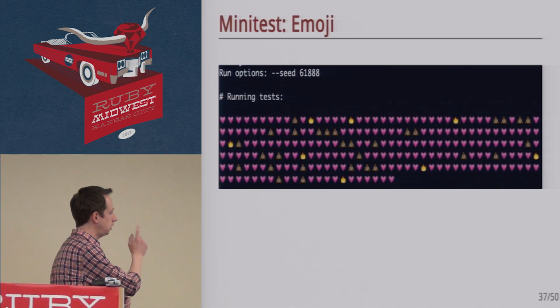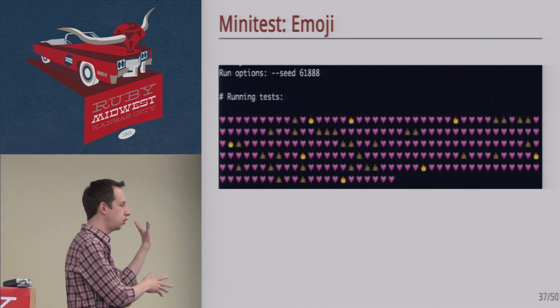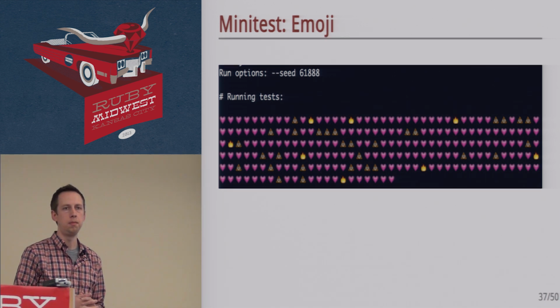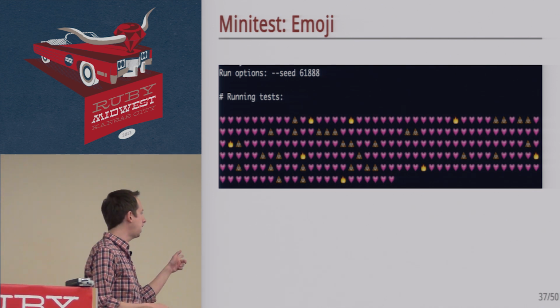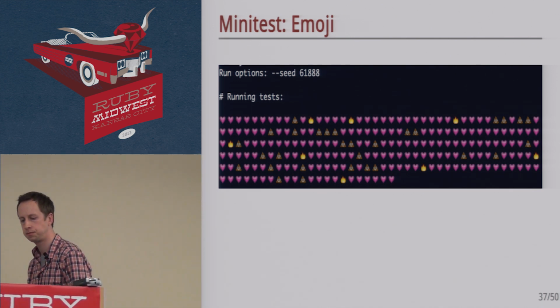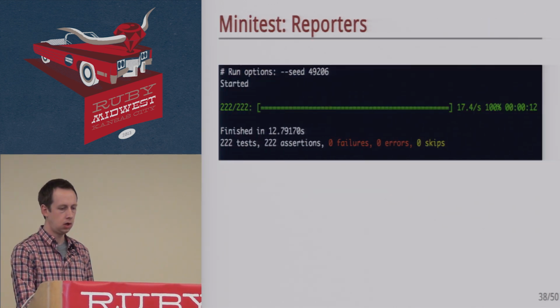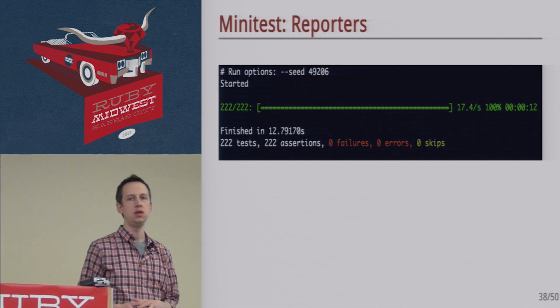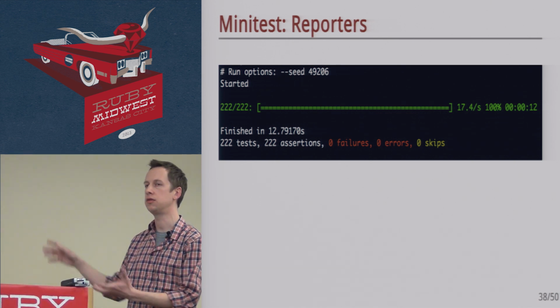MiniTest emoji, this one's already done. This is similar to what we just wrote. This was done by Tenderlove, Aaron Patterson. And MiniTest reporters, I actually just found MiniTest reporters. Someone's written just a subset of reporters to use.